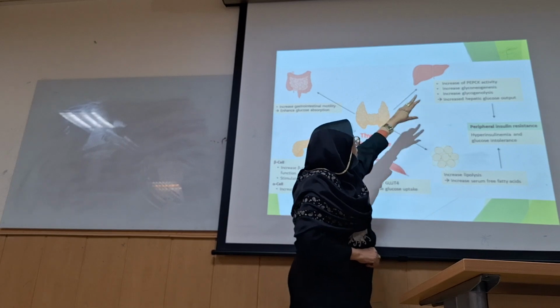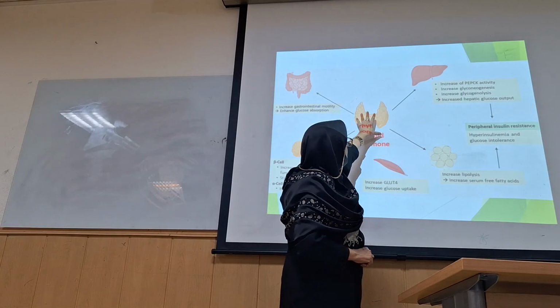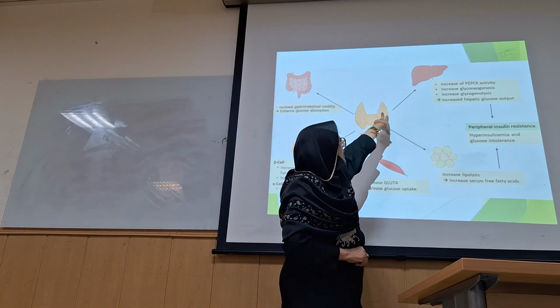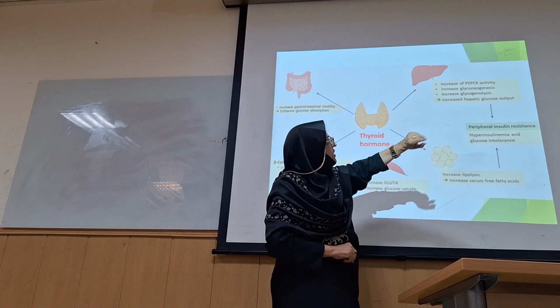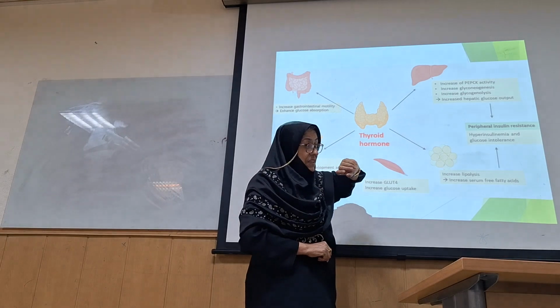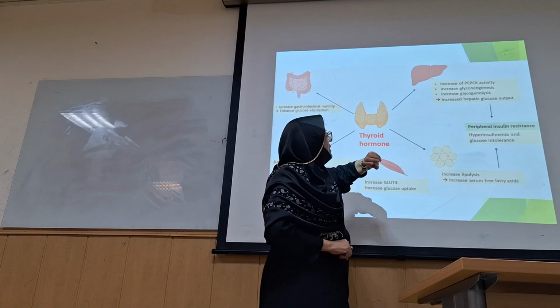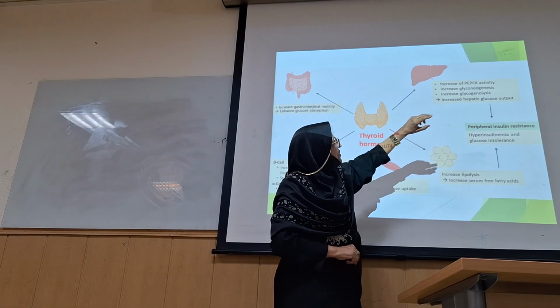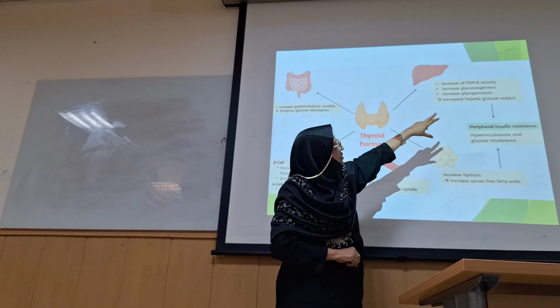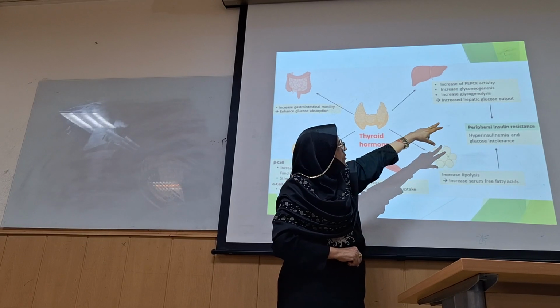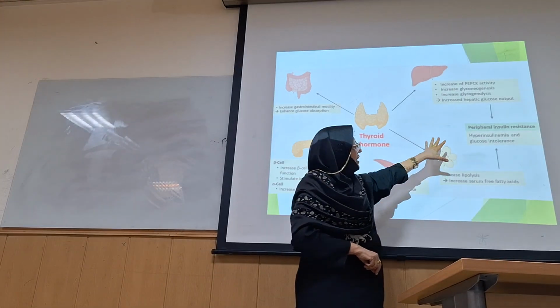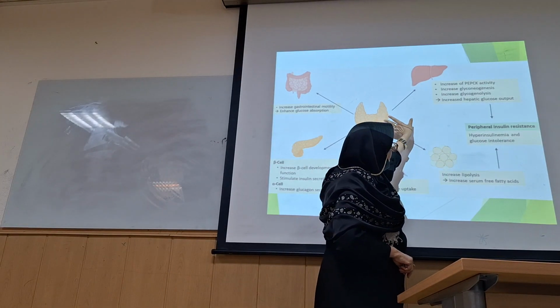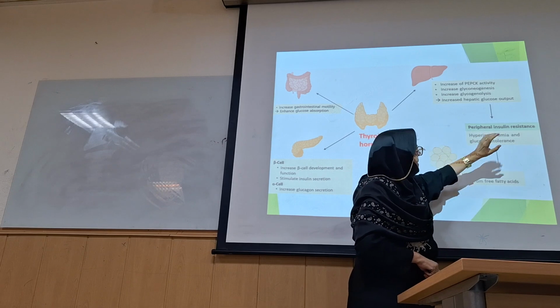In the liver, we have many receptors for thyroid hormones, and they increase PEPCK activity. This is a very important enzyme in the liver. It increases gluconeogenesis, glycogenolysis, and hepatic glucose output. It also induces peripheral insulin resistance.